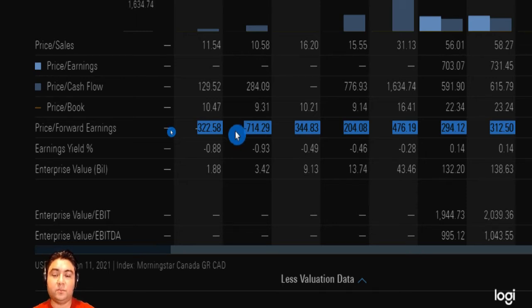That's the reason they didn't have earnings in 2016 and 2015. So in 2016 it was negative 714.29, and 2015 minus 322.58. So as you see, it's still high on average. The year it was lowest was 2018, and the highest, from what I can check quickly, is 2016.